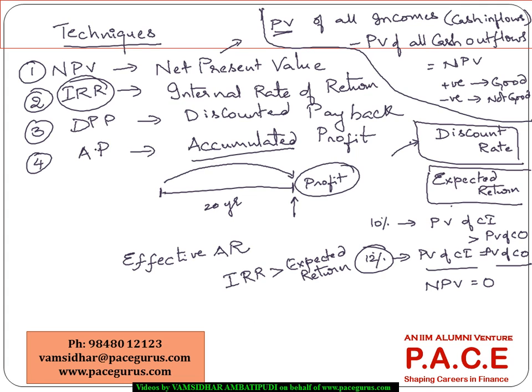Then the discounted payback period measures in a slightly different way. It measures the effectiveness of the project in years or periods.